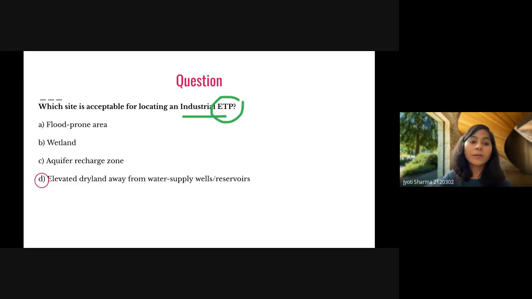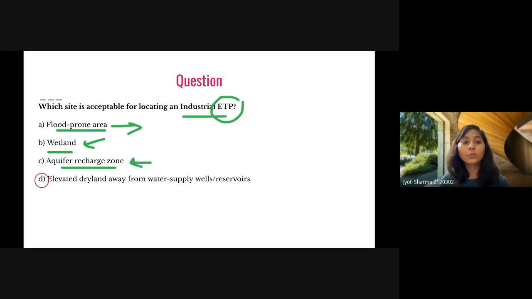Okay, so if it is a flood prone area, it means your wastewater will be moved along with your flood water to the river or to the ocean. So this is not acceptable. If it is a wetland, then your wastewater will be merged with your groundwater. If it is the aquifer recharge zone, then again it will be mixed with the groundwater.